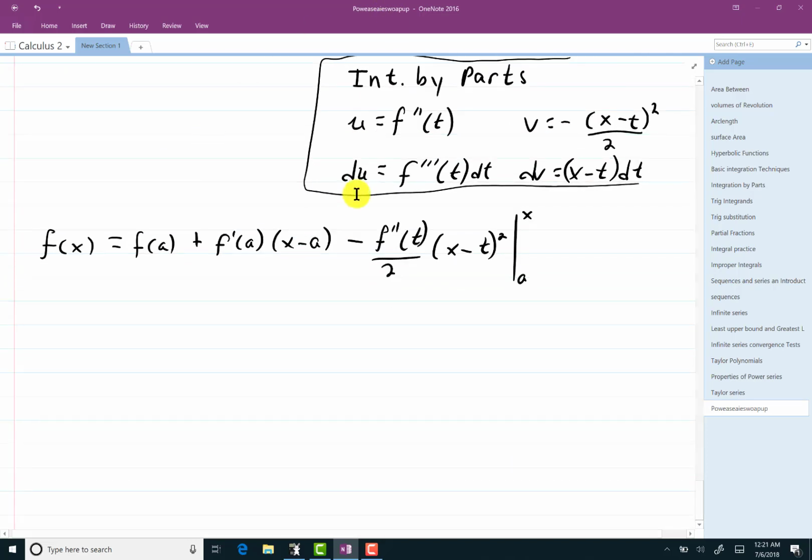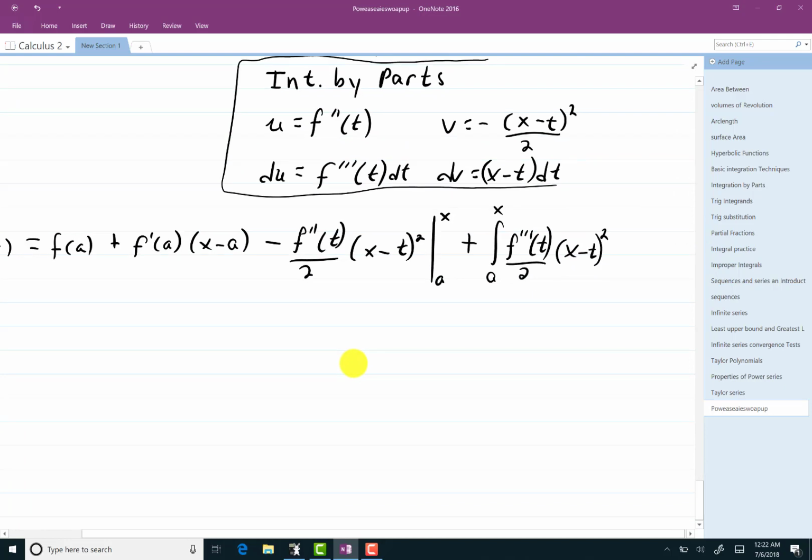And then when you subtract this, the minus will make it a positive sign. So I'll get plus the integral from a to x, f triple prime of t over 2 times x minus t squared dt.